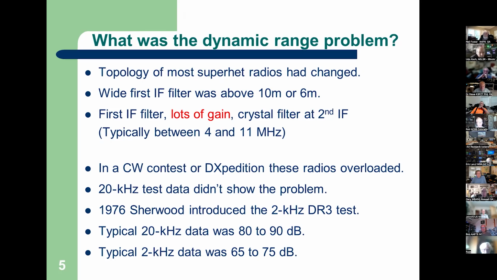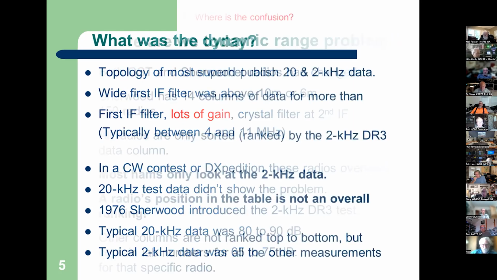The difference in the measured performance for dynamic range: when you did the 20 kilohertz, all you were testing was the front end, not the whole radio. The typical numbers were 80 to 90 dB, while the typical 2 kilohertz data was 65 to 75. And that was a big deal, of course. Now today we have lots of radios that are 100, so it's critical. But back then it was just night and day difference on how the radio performed.